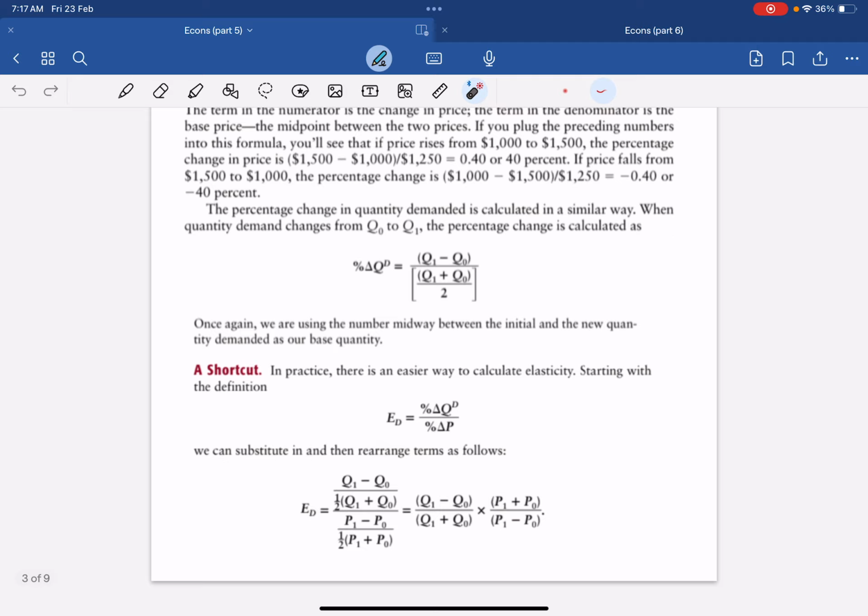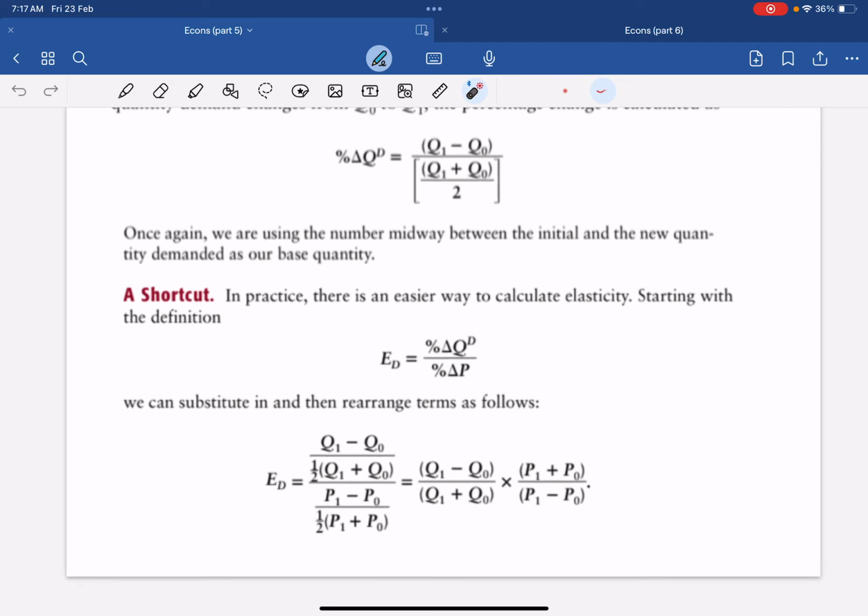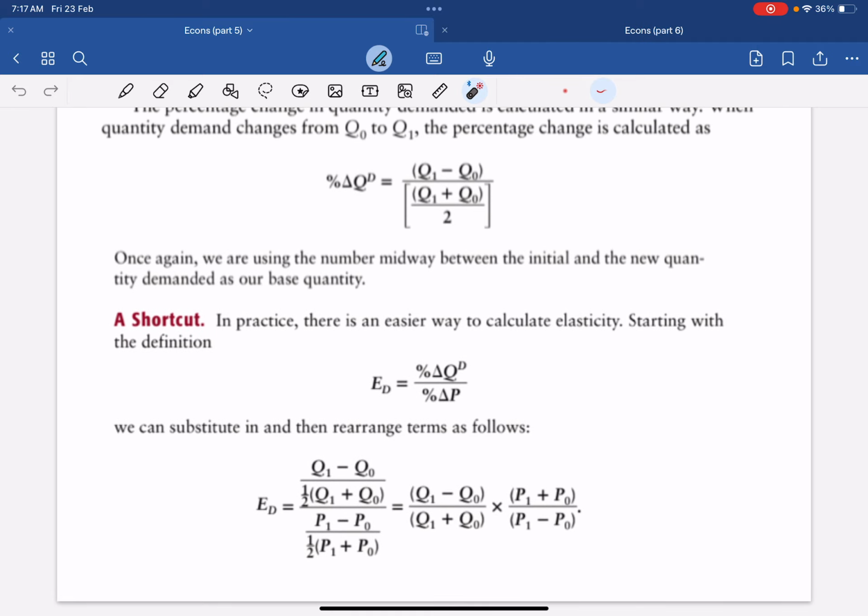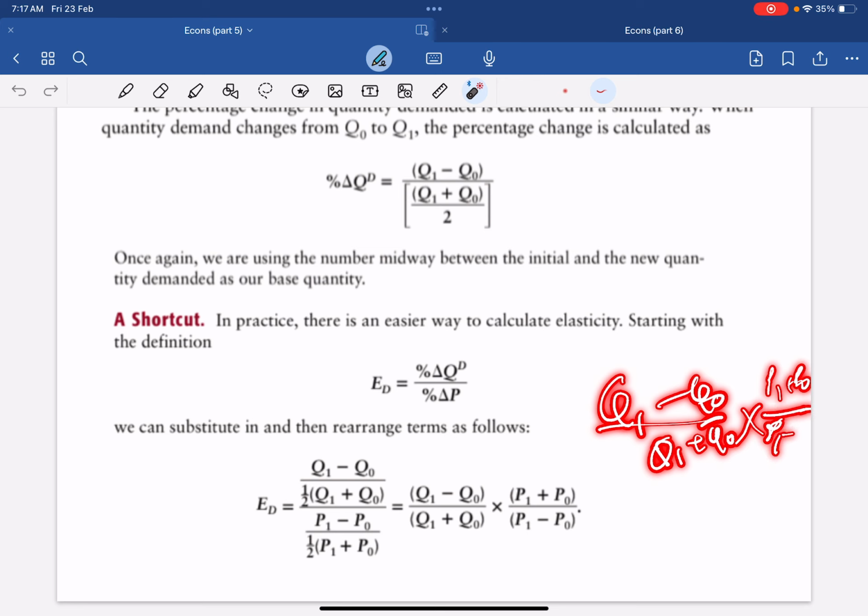Okay, so a shortcut is, if you can just rewrite the formula, you actually see that the PED is just the (Q1 minus Q0) over (Q1 plus Q0) times (P1 plus P0) over (P1 minus P0).